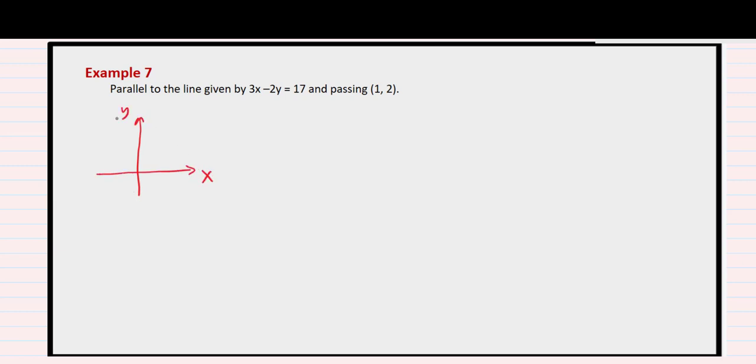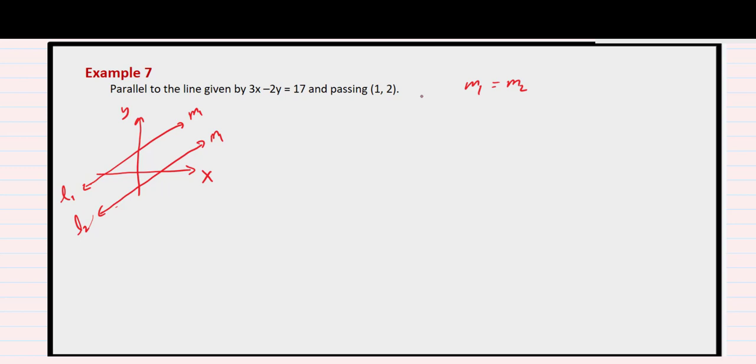We have 2 lines, let's call them line 1 and line 2. The 2 lines are parallel, we're told. Now if they are parallel, the slope of the first one and the slope of the second one are going to be equal. What we know is the second line passes through the point 1 and 2.